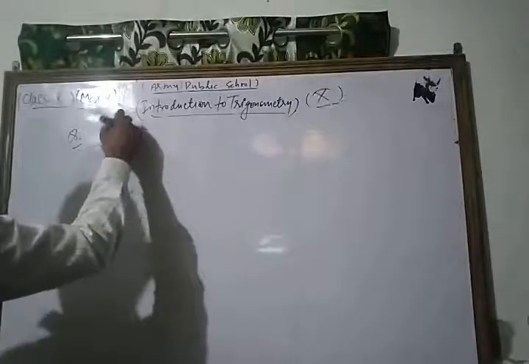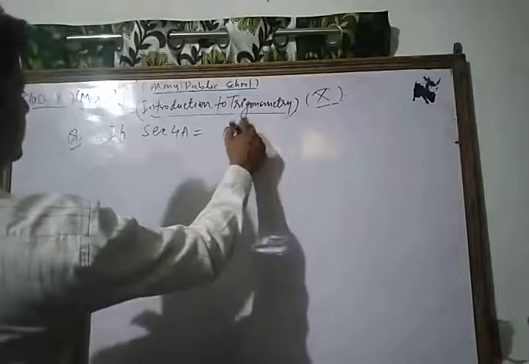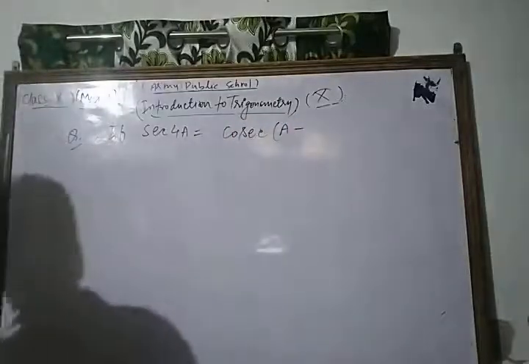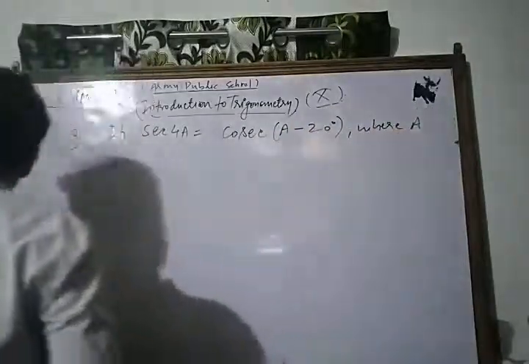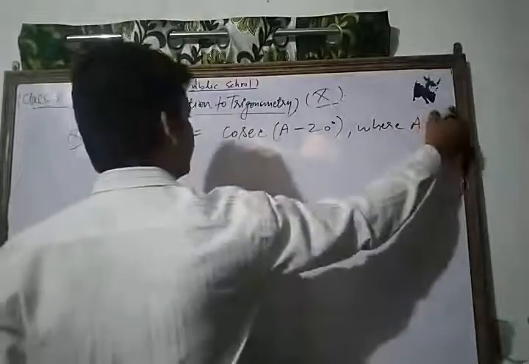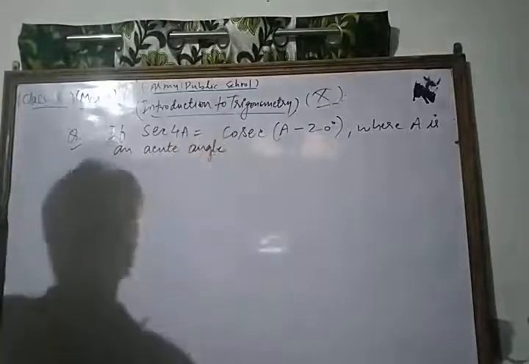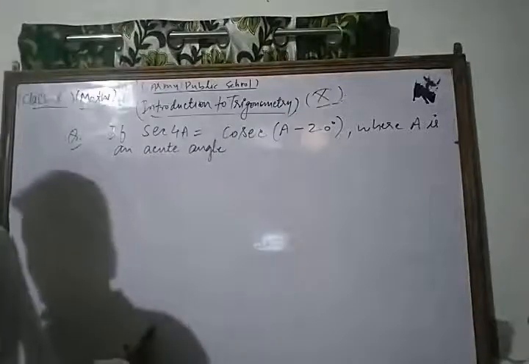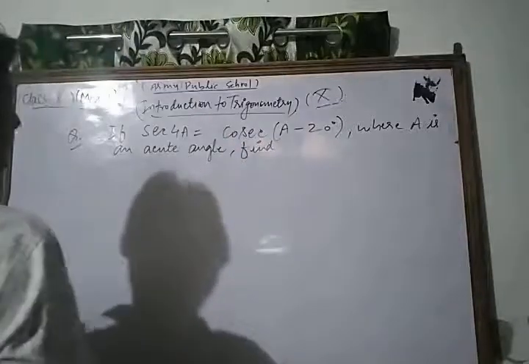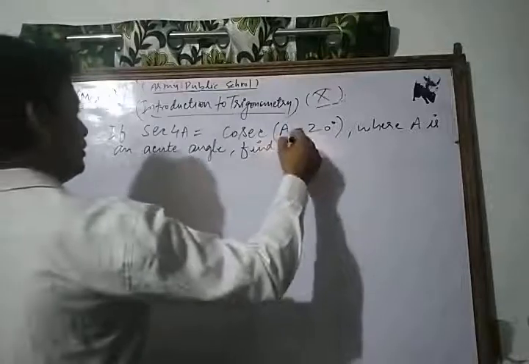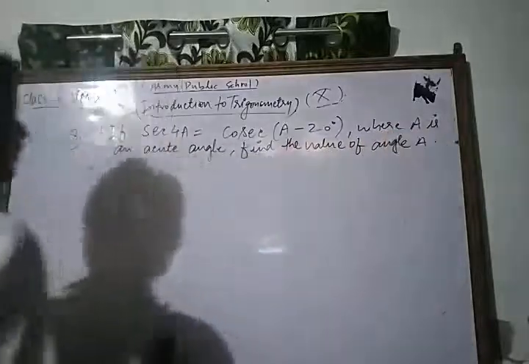If sec 4A is equal to cosec (A minus 20 degree), where angle A is an acute angle, acute angle means less than 90, find the value of angle A. Now let's see its solution.